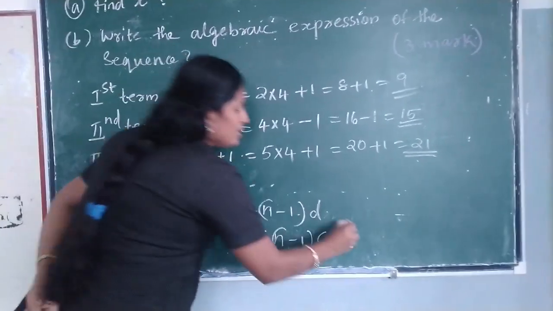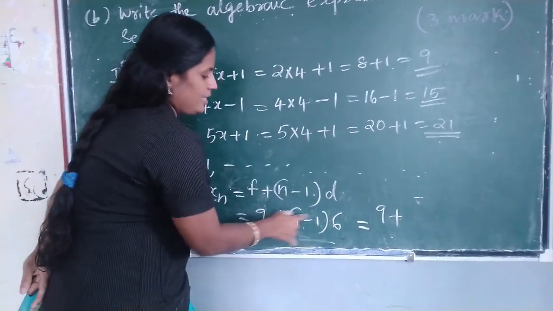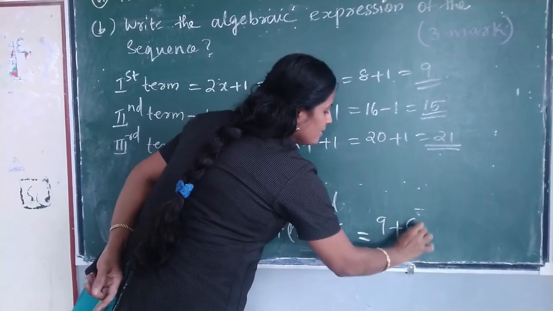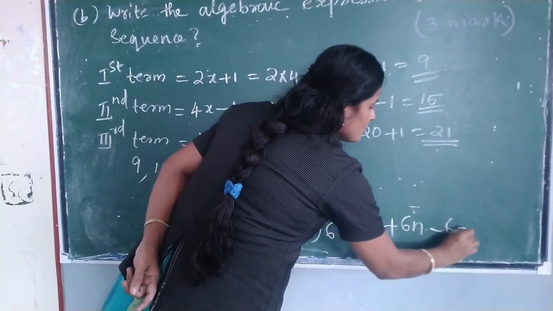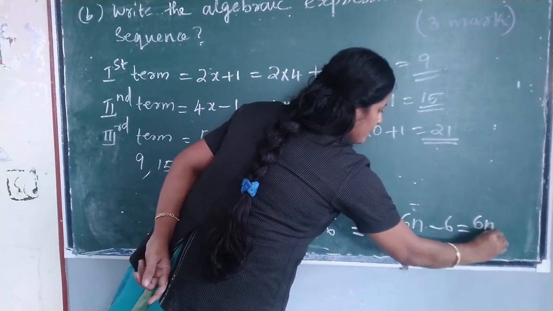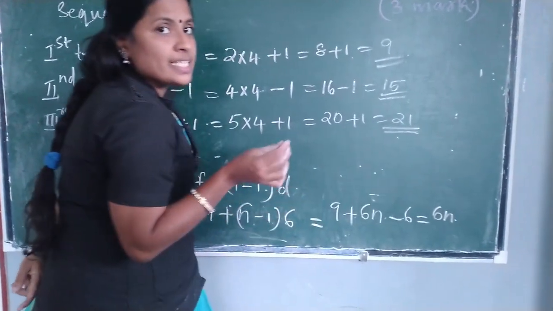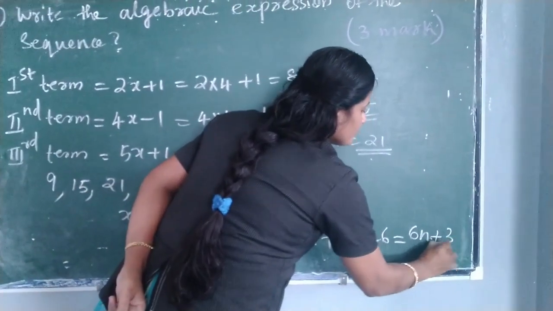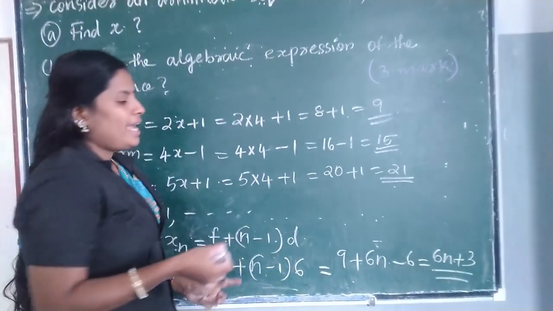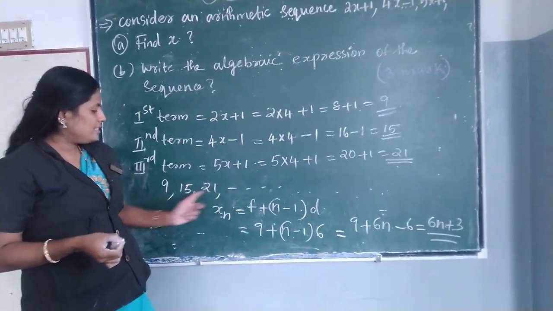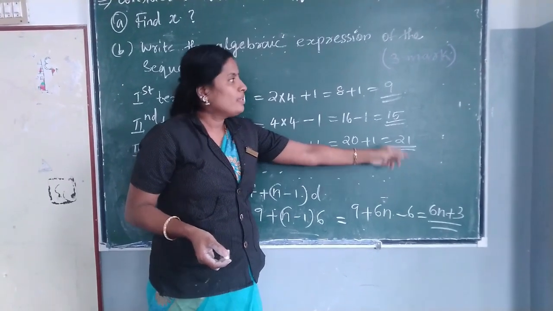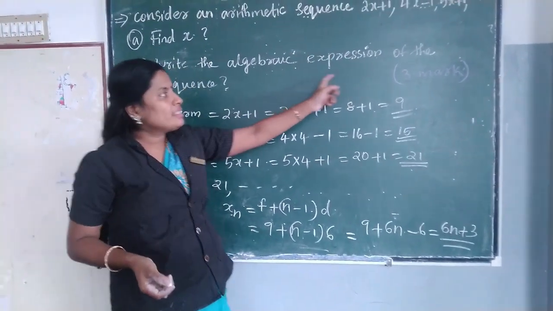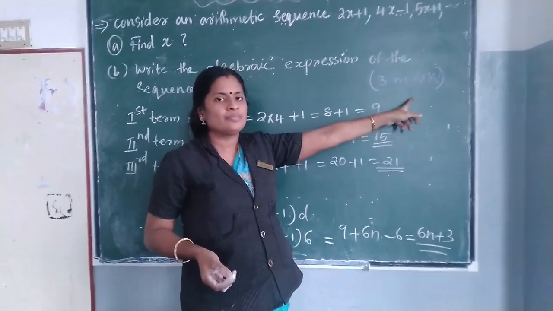Equal to 9 plus n into 6, 6n, minus 1 into 6, minus 6. So 6n, 9 minus 6 is 3. So the nth term of the sequence is 6n plus 3. Okay. So this question carries 3 marks.